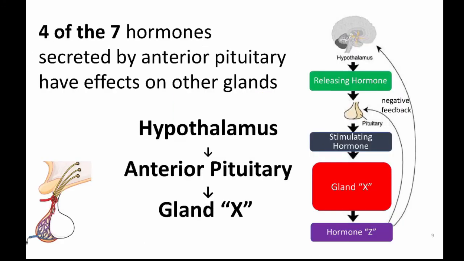Now, 4 of the 7 anterior pituitary hormones have effects on other glands.